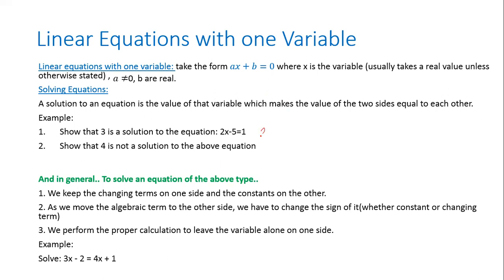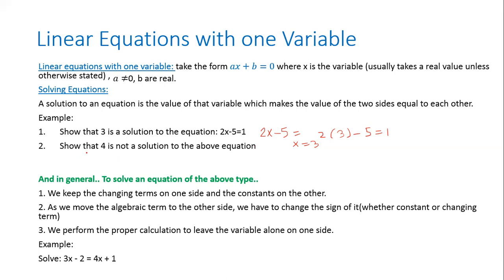I take the left side, which is 2x minus 5, and replace x by 3 to get 2 multiplied by 3 minus 5, which gives me 1. We notice that the value of the left side when x equals 3 equals 1, which is the value of the right side. It means that 3 is a solution of the equation.